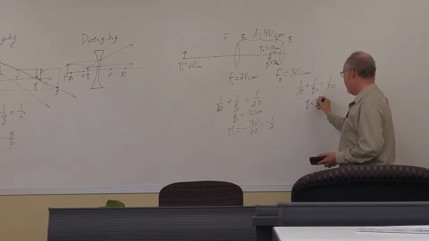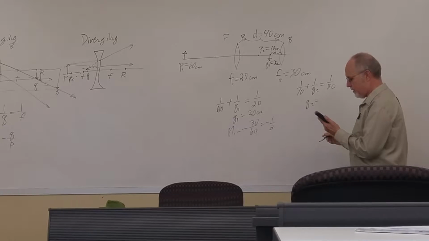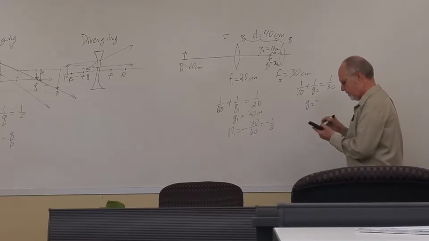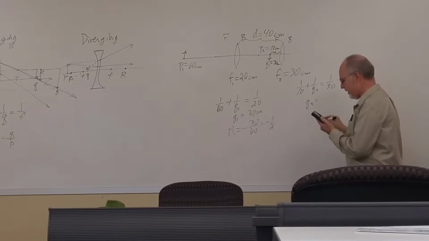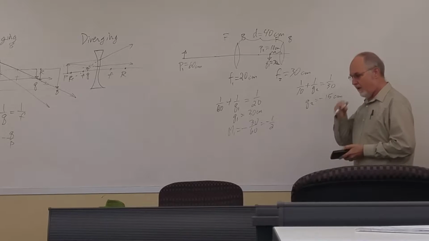I'll solve that for Q2. Okay, so 1 divided by 30 minus 1 divided by 10, which gives me, I'm going to take the reciprocal of that answer, so that gives me minus 15 centimeters.